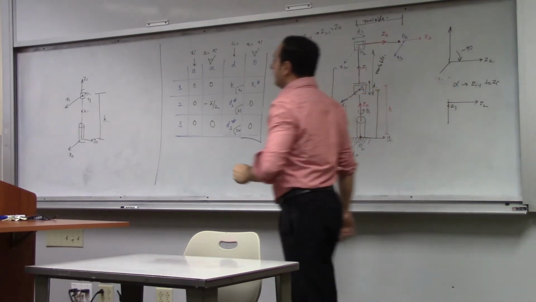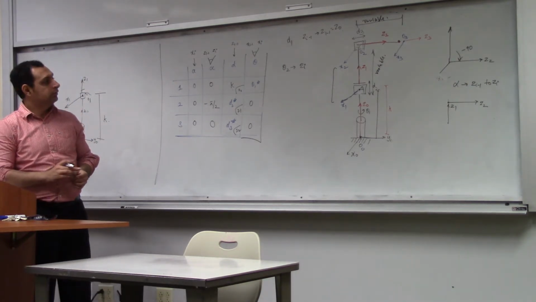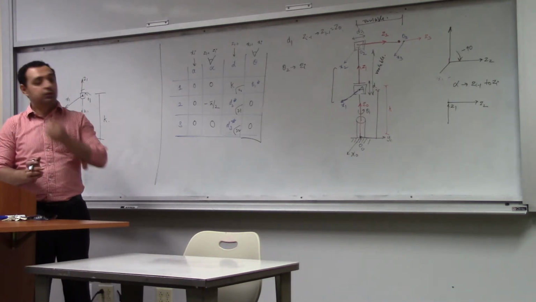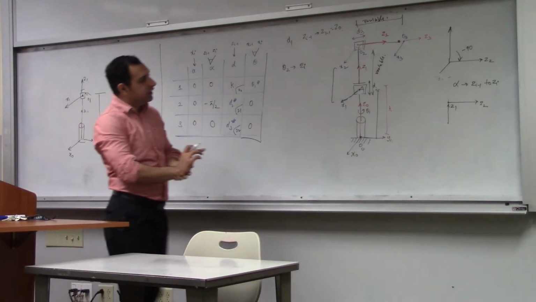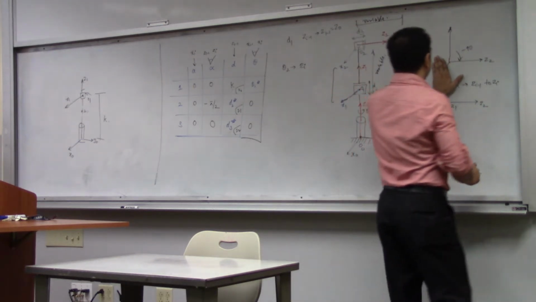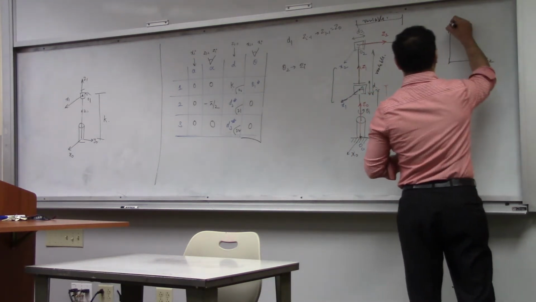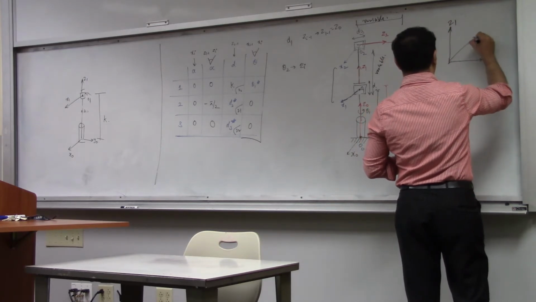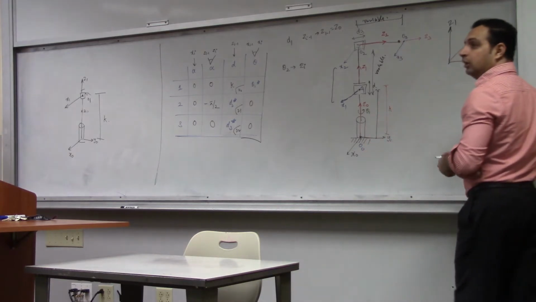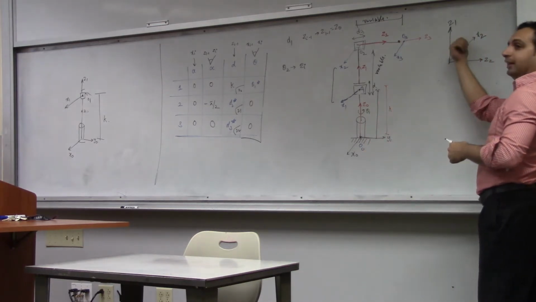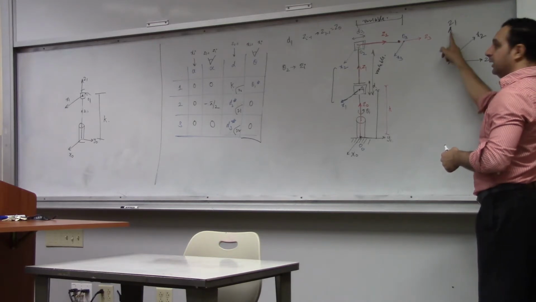Professor, in this case, we suppose x2 is to the outside of the board, right? Yes. If you suppose x2 to be inside the board, then theta 2 will be 180 degrees. If x2 is inside the board, this is what it will be. You're changing x2, but you're not changing the alignment of these two, because these two are perpendicular.